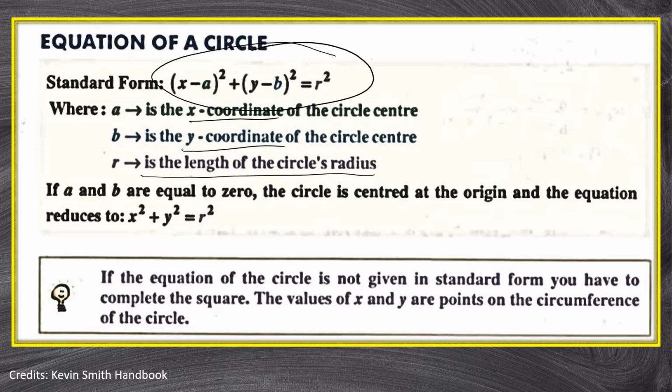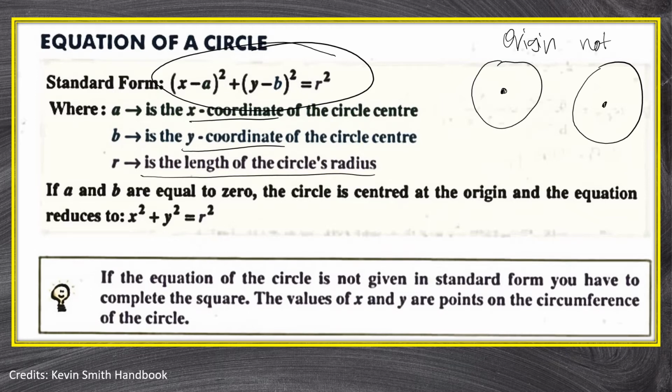we must also understand something very, very important. Your circle can have its center on the origin, right? And I will further elaborate on that as we move in this lesson. Or your circle can have its center not at the origin, right? So there will be a slight difference, but this is the standard form, right?